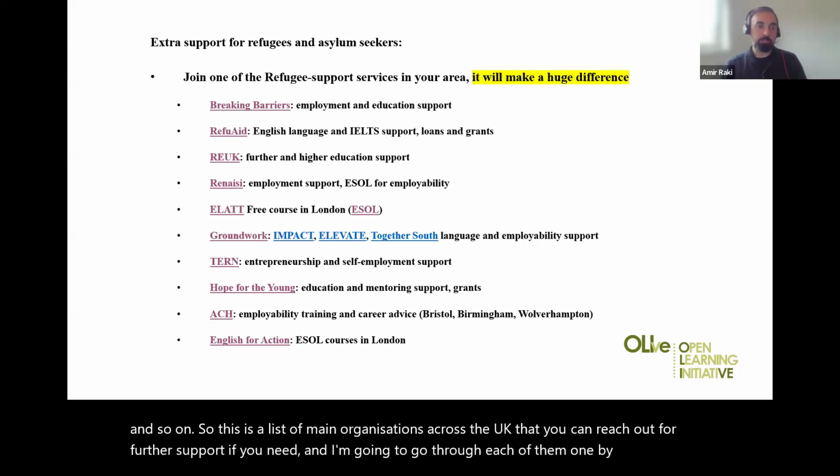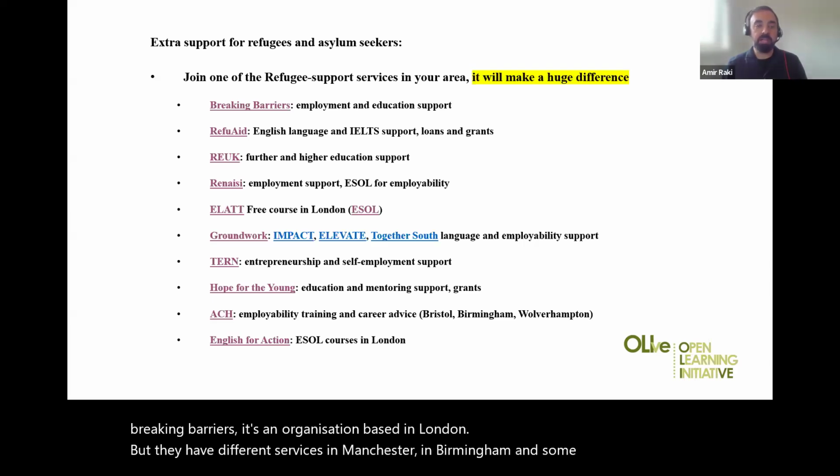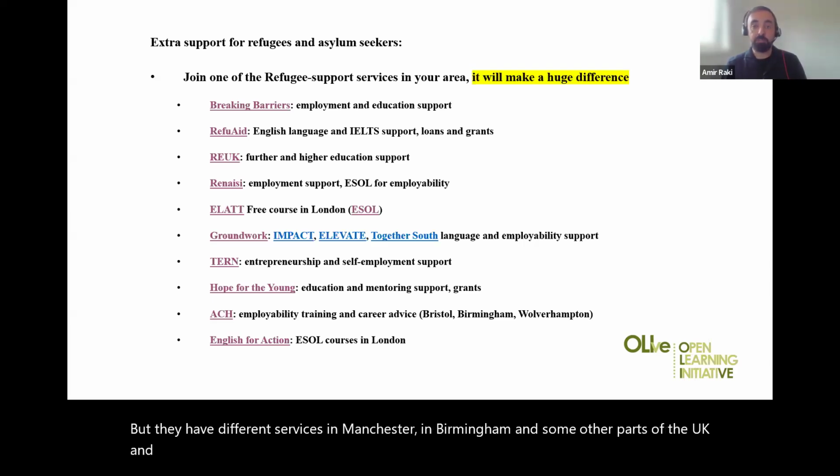Okay. So Breaking Barriers, it's an organization based in London, but they have different services in Manchester, in Birmingham, and in some other parts of the UK. And mainly they support with employment and education, language learning, and so on.